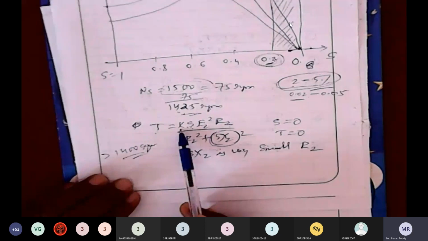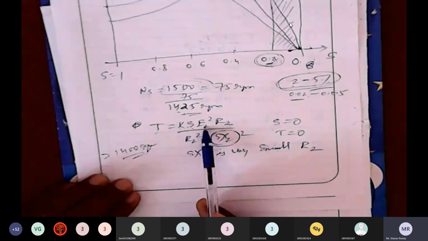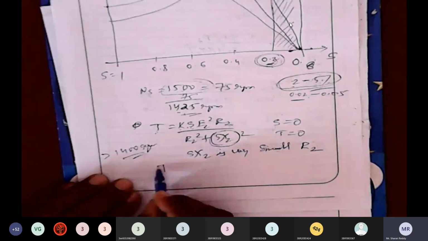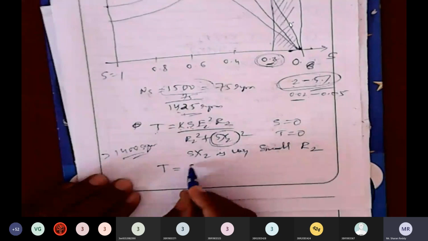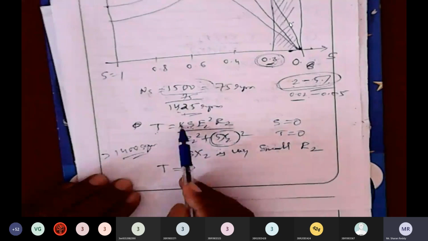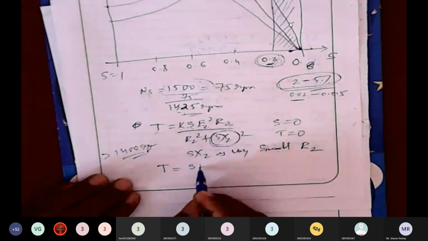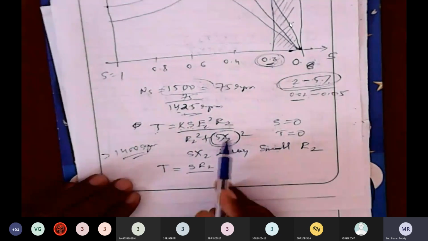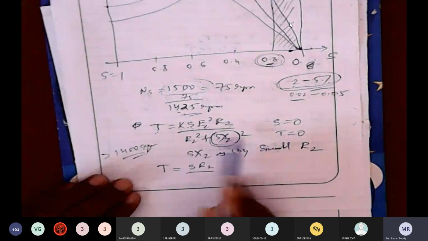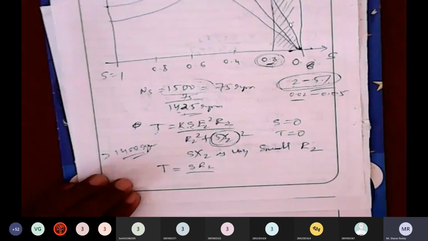Already K is constant, E2 is constant. Therefore, torque equals, taking out K and not considering E2, what is remaining here is R2 divided by R2 square, since s X2 is neglected. When the motor is operating at rated value, at full load, under normal operating condition, s X2 is negligible compared to the R2 value.